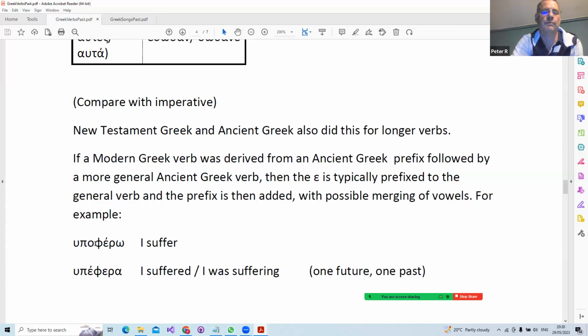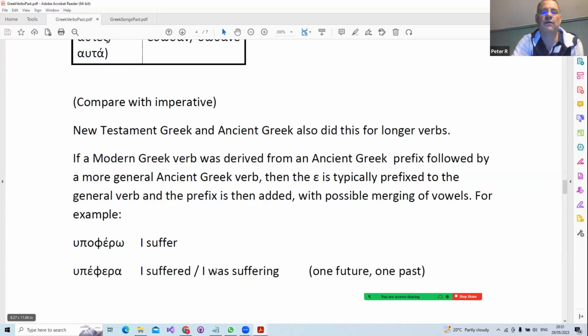So the verb in the past would be efera, because it's a short verb, fero, and you want to move the tonos back. So you'd have an e at the front there, and that e sound then merges with the end of the prefix. So you get υπέφερα. That's I suffered.